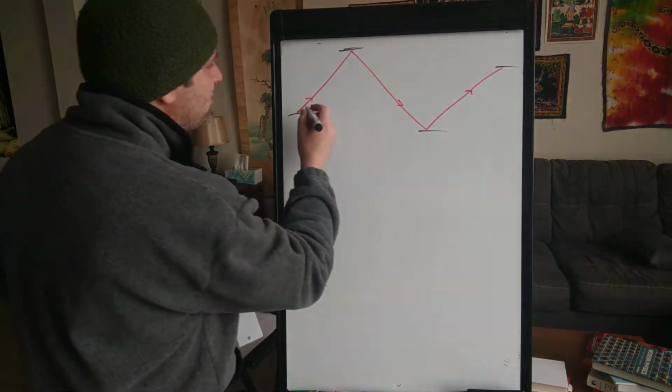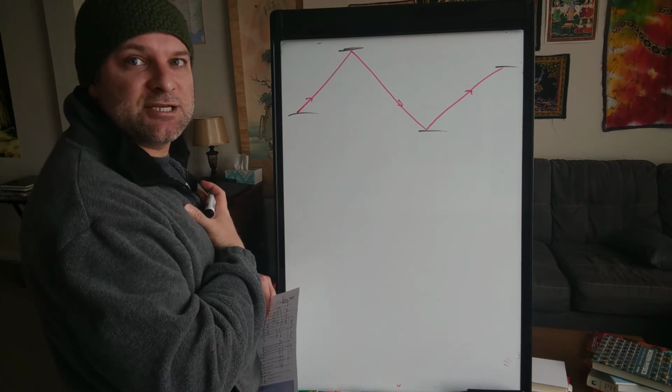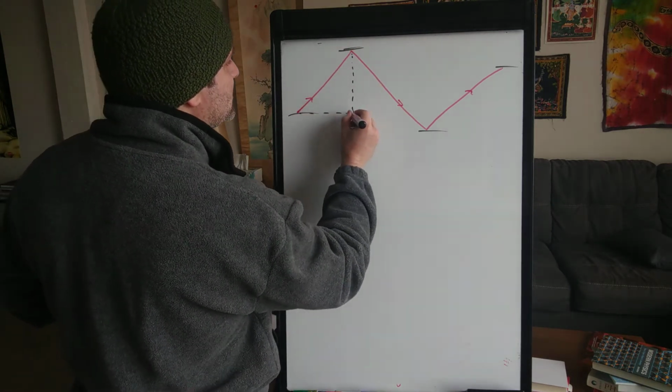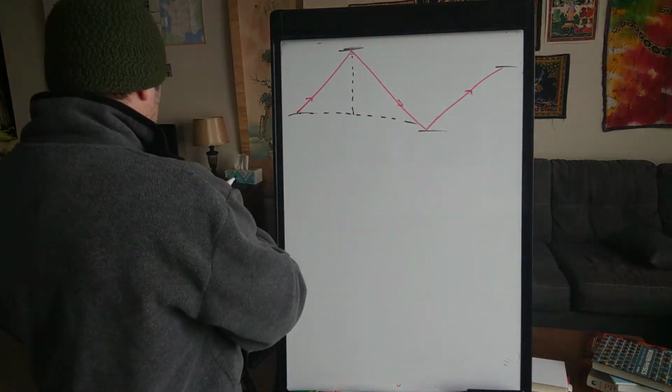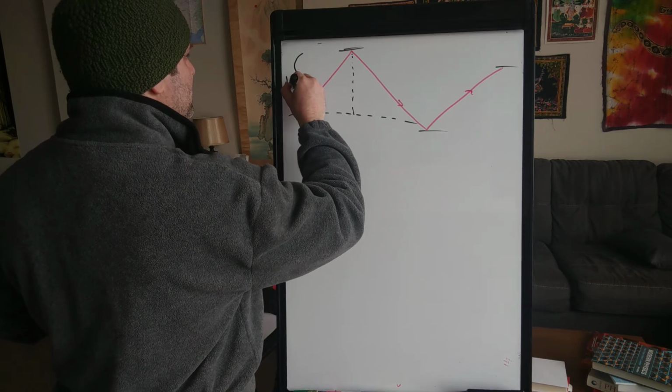What does this distance the light has traveled look like to us who are stationary on the Earth? Well, we can just use Pythagoras' theorem. We know that this distance here is L naught.